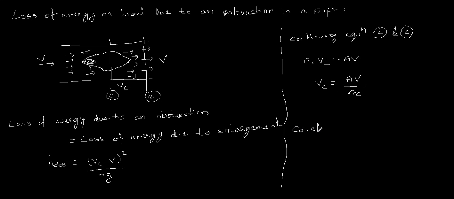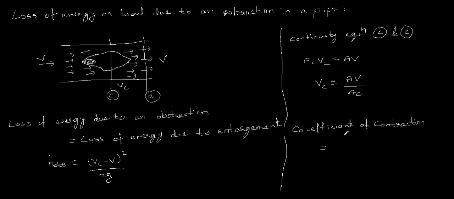So write again the coefficient of contraction. What is the definition of coefficient of contraction? It is the ratio of area at the vena contracta to the area of the pipe.